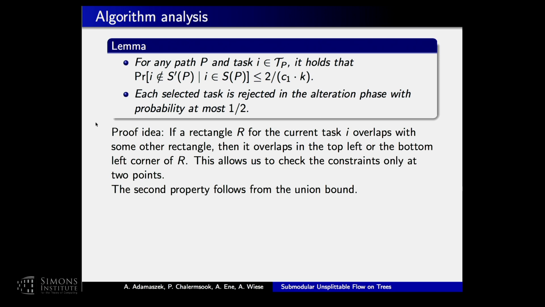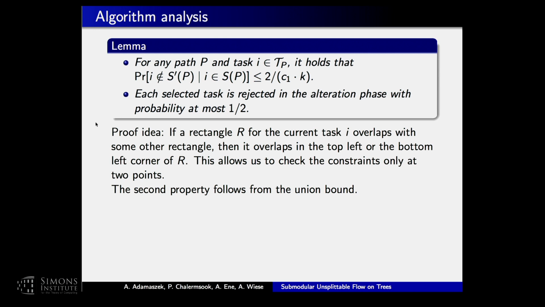That's quite easy because we have ordered the tasks from the tallest task to the least tall task. So whenever we add a task, then if it overlaps some task which has been added before, then either its left top corner must overlap this task, or its left bottom corner must overlap the task, because all the tasks that have been added before are taller.